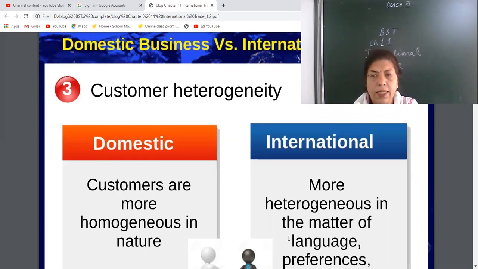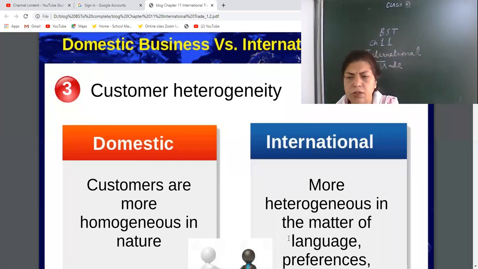Homogeneous means same taste, preference, fashion, choice, etc. Like demand of saris in India is high because the buyer and seller are both homogeneous in nature. Generally in the same country, taste, preference and fashion are the same, because buyer and sellers are of the same country.